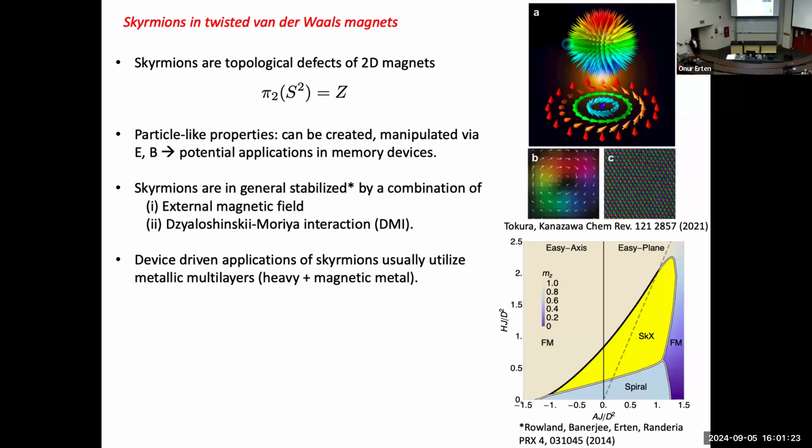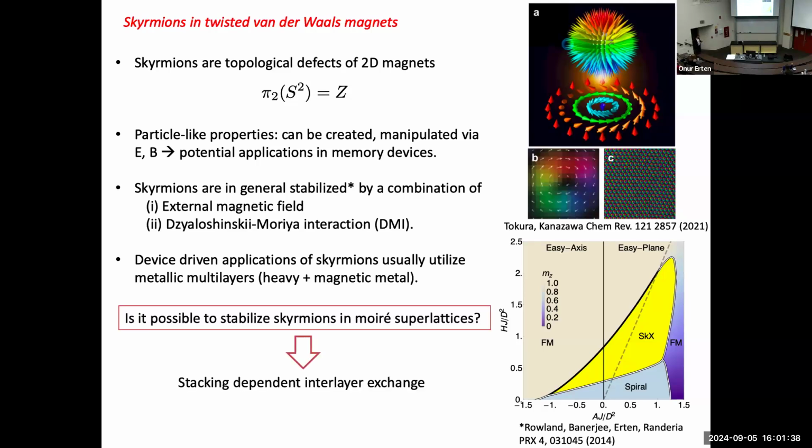If you want to make a device, people usually use metallic multilayers. I'm not going to go into details why you need that, but that's what is necessary to have the Dzyaloshinskii-Moriya interaction. So the question that we ask is, can we actually stabilize skyrmions in Moiré superlattices?